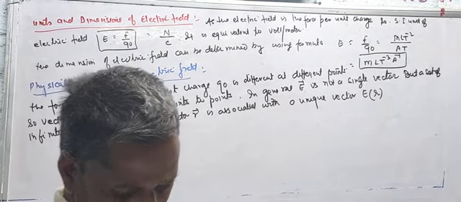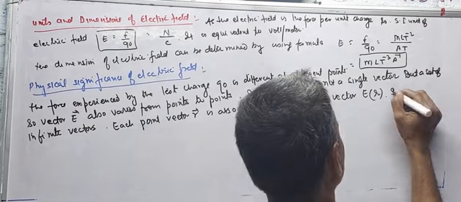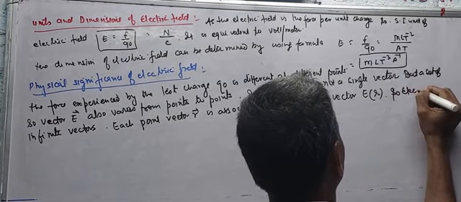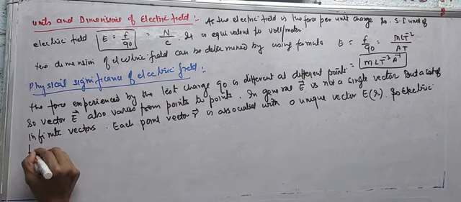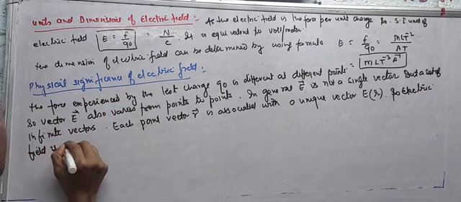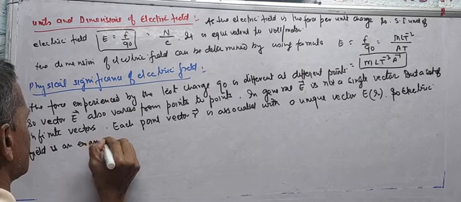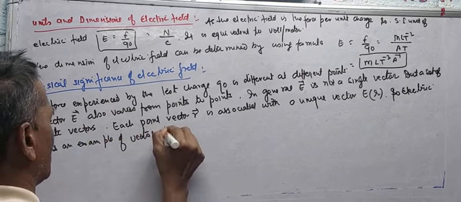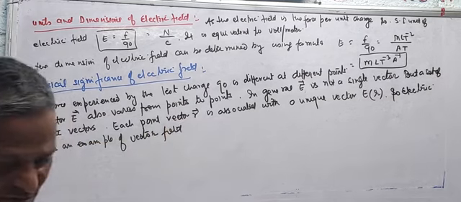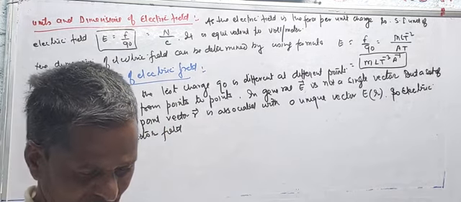So electric field is an example of a vector field.